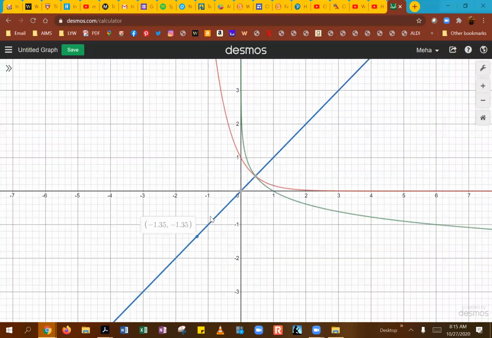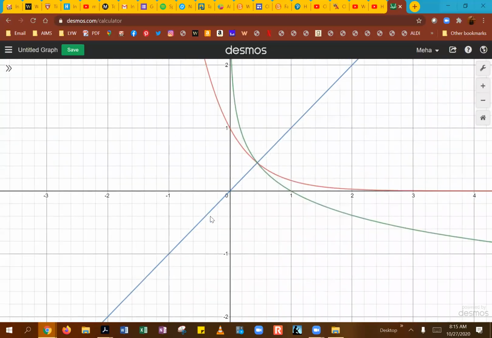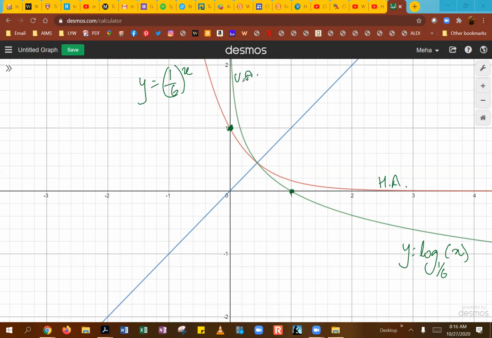So, obviously a lot of those properties are still staying the same. You can see our x and y intercepts for both our exponential and logarithmic functions are in the same location. Of course, the graph in red is your exponential function and the graph in green is our logarithmic function. Our vertical and horizontal asymptotes are also in the same location. We still have a horizontal asymptote here at the x-axis and a vertical asymptote here at the y-axis.